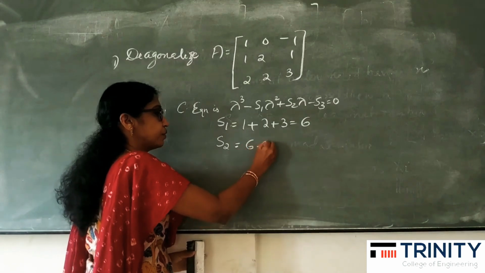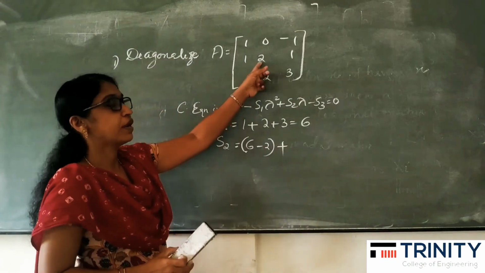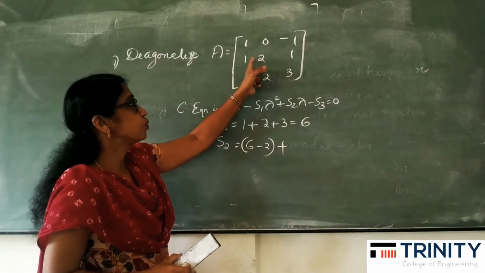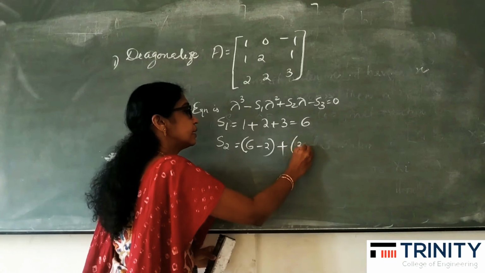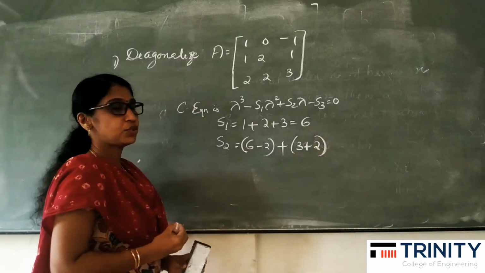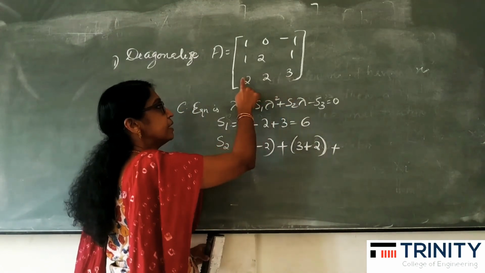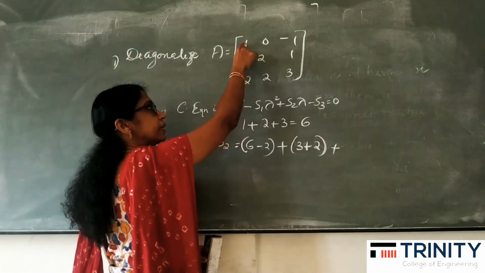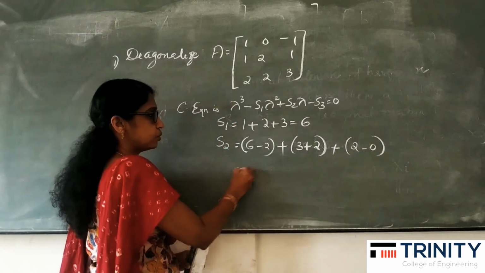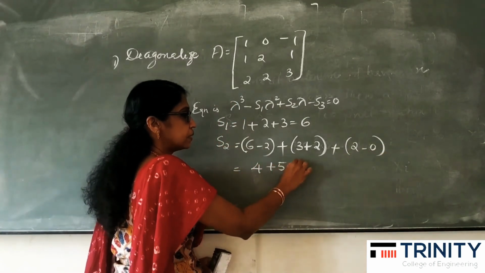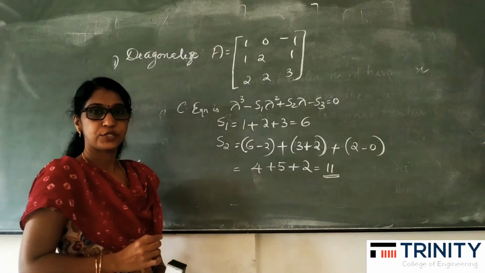Plus the second element is 2; the minor of this 2 is 3 minus of minus 2, that is 3 plus 2. Plus the last element is 3. The minor of 3: we omit this row and this column, and here 2 minus 0. This is equal to 4 plus 5 plus 2, that is 11. So S2 is equal to 11.